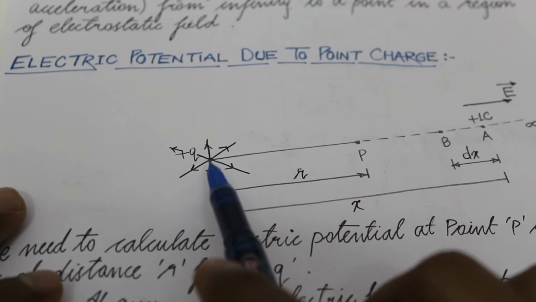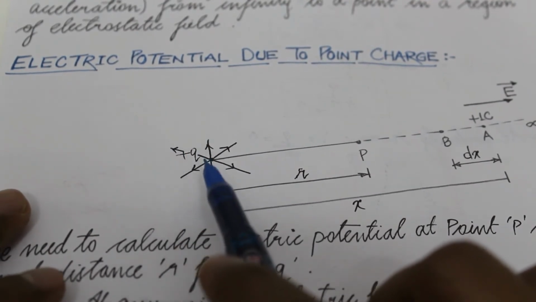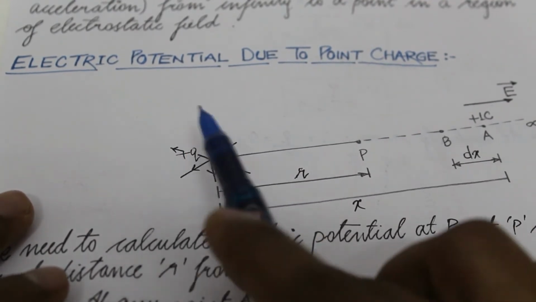Next, we are going to study electric potential due to a point charge. Consider a point charge, which is positively charged. These are the directions of the electric field lines.